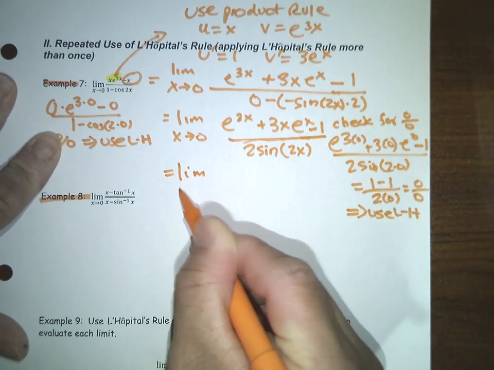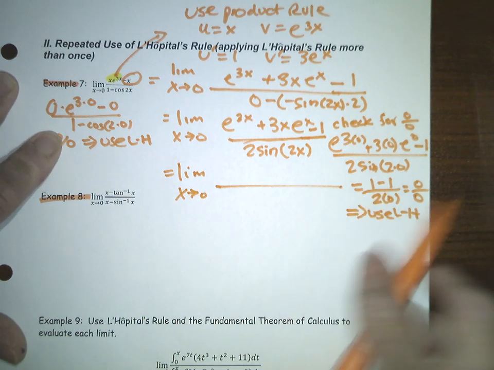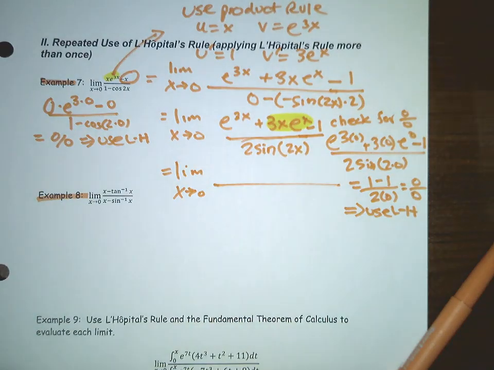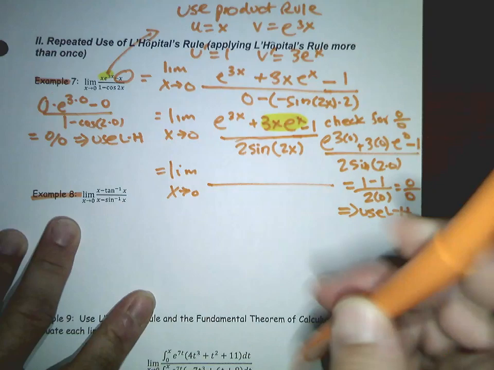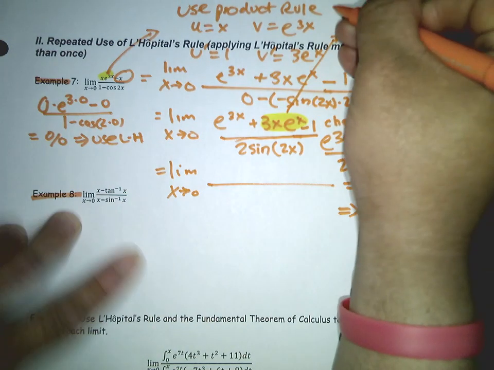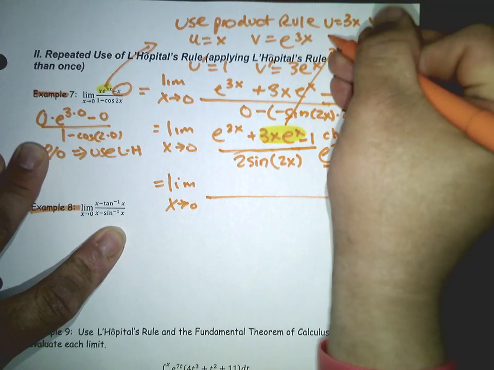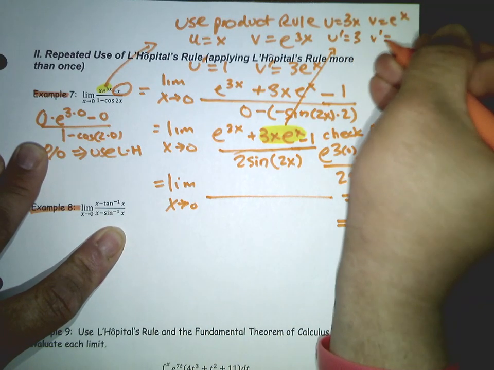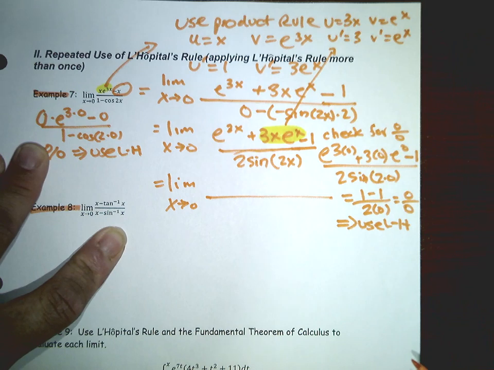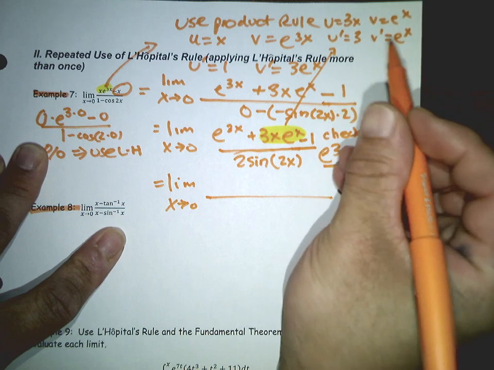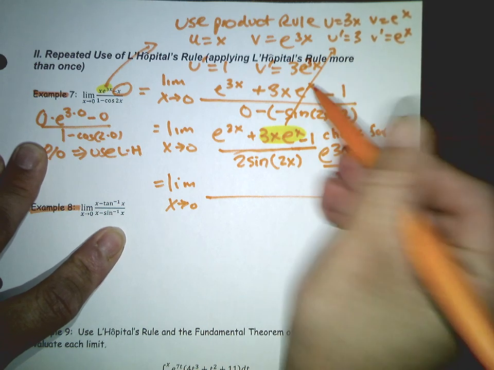So I have the limit as x approaches 0. And for this part right here, I am going to need the product rule again. Make sure you remember to use the product rule again here. So u is 3x, v is e to the x, u prime is 3, and v prime is e to the x.